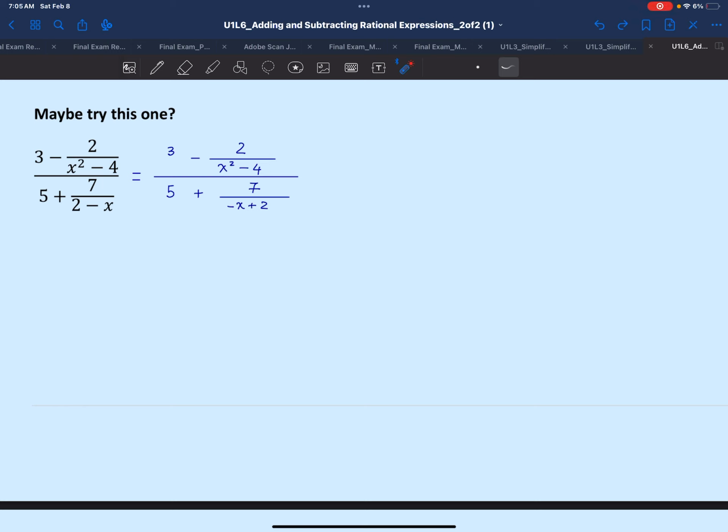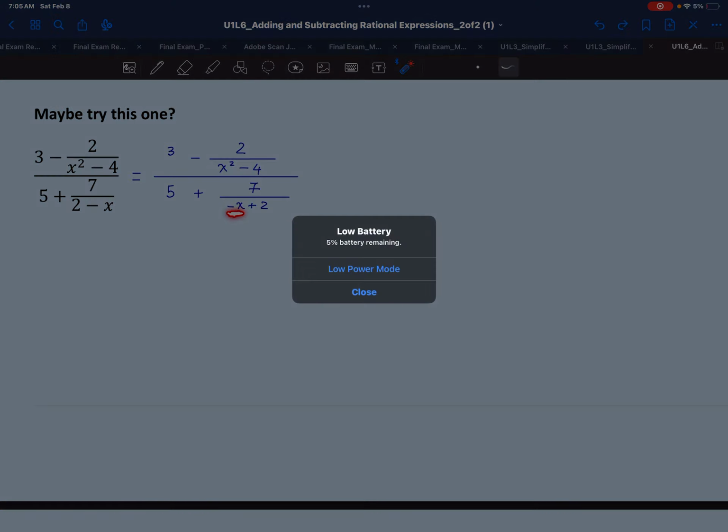Now, one thing that we want to remind ourselves of is that, especially when we have denominators, we want to write them in the correct order, meaning that we want the highest degree term and then the lower degree terms following subsequently. This is the only transformation that we did in this step. Instead of writing 2 minus x, we wrote negative x plus 2.